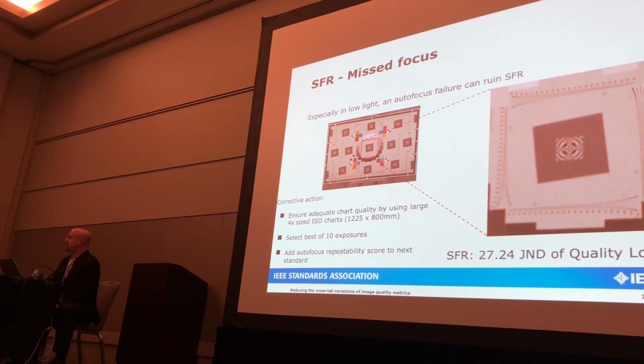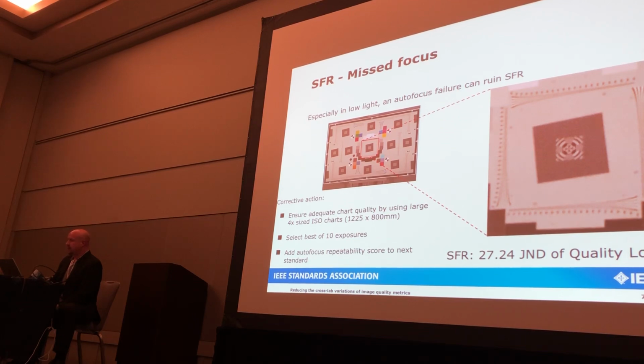Then we selected the best image from that collection. An autofocus repeatability standard will be added in the future to address the failure of autofocus. Another corrective action we took was to ensure adequate chart quality by using a large chart where the quality isn't going to cause a loss of MTF.